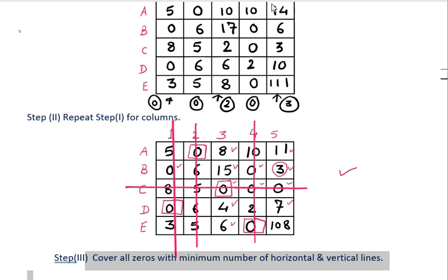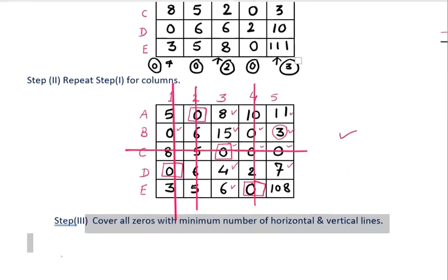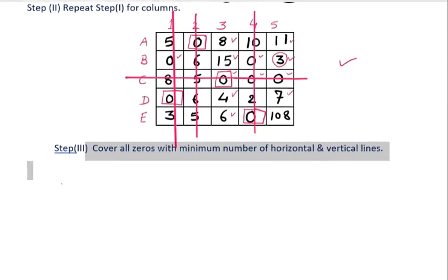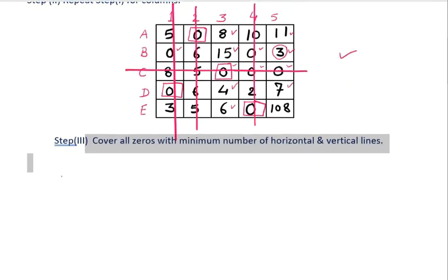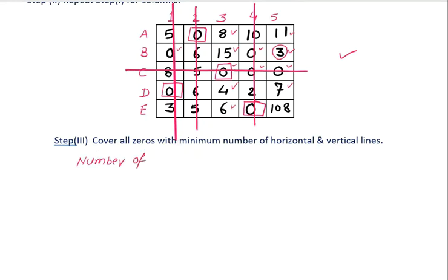The number of horizontal and vertical lines is 4, and it is not equal to the order of the matrix.